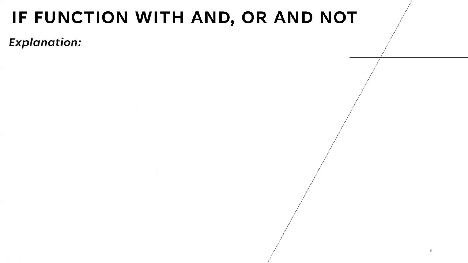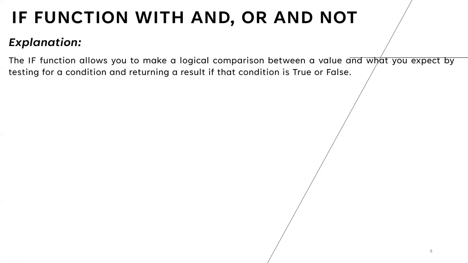Now, let's discuss the if function with and, or, and not. So how does it work? The if function allows you to make a logical comparison between a value and what you expect by testing a condition and returning a result if that condition is true or false. This is what we have discussed already.